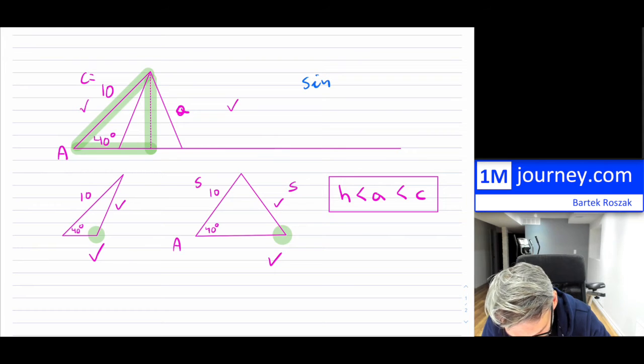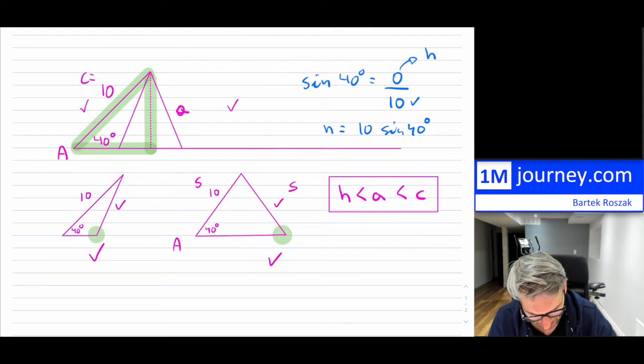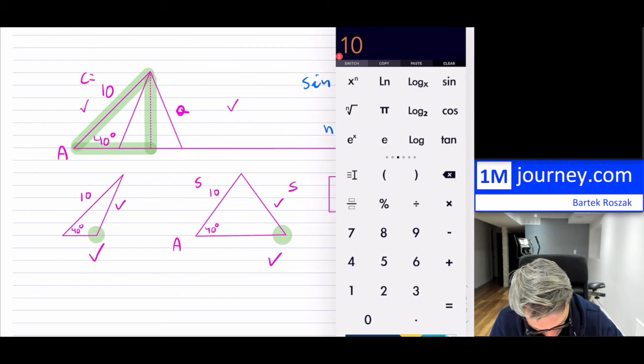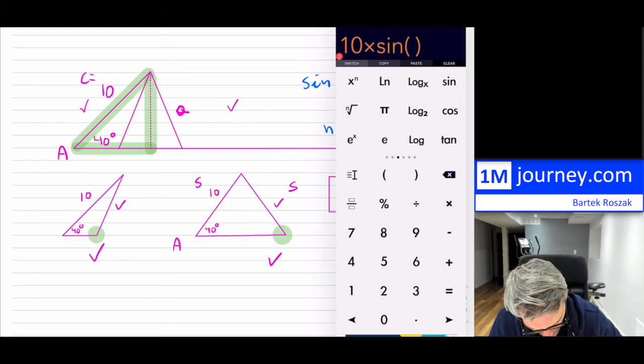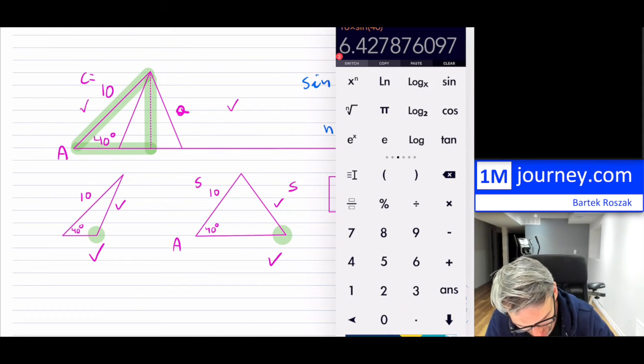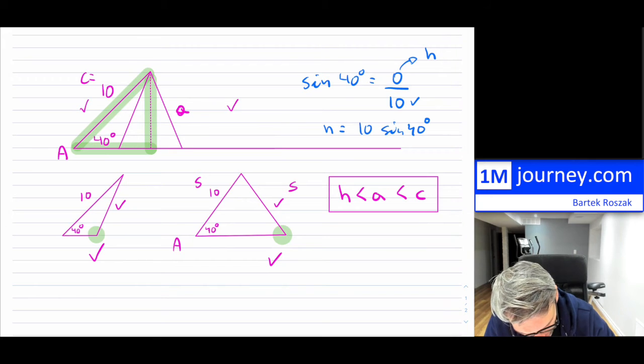So sine of 40 is equal to opposite over hypotenuse, so that's my height over hypotenuse. Now hypotenuse is 10, right? So the height of the triangle equals, if I bring this 10 over to the other side, 10 times sine of 40. So it's approximately 6.43. Let's round it off, 6.43.